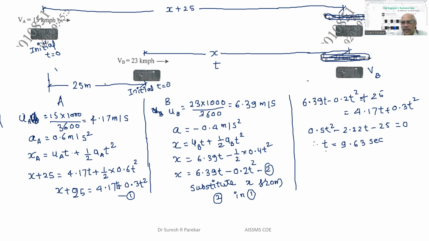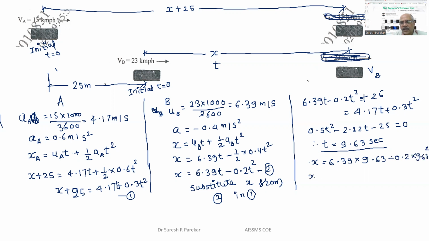So A will overtake B at time T equal to 9.63 seconds. And when it overtakes, we have to find the value of x, which is equal to 6.39 into 9.63, sorry, minus 0.2 into 9.63 square.